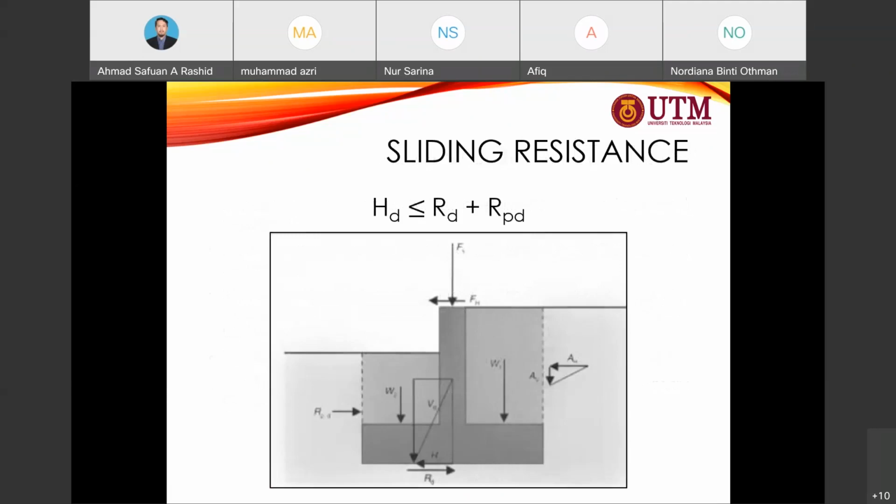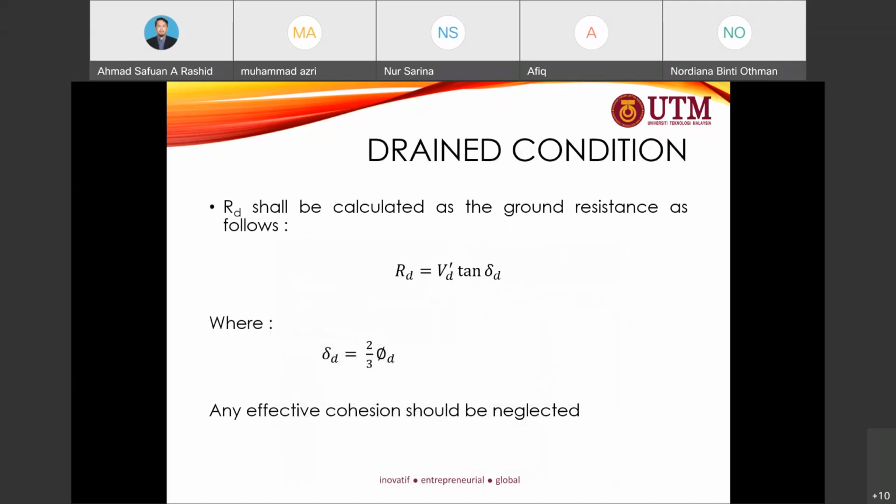So for the sliding resistance, this is the consideration that we need to put. However, I didn't have a discussion on the sliding resistance in the example later. So this is more related to the design of retaining structures. This is for the drained condition, so RD should be calculated as the ground resistance as follows.